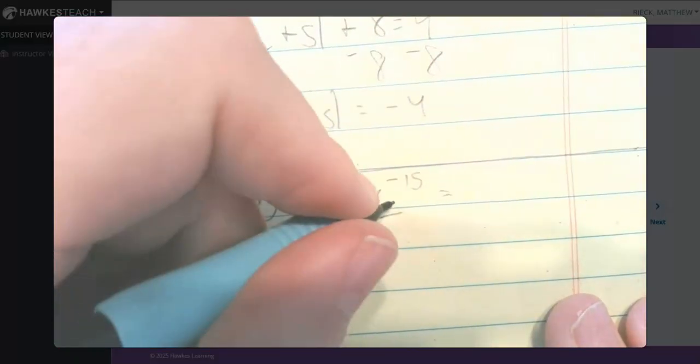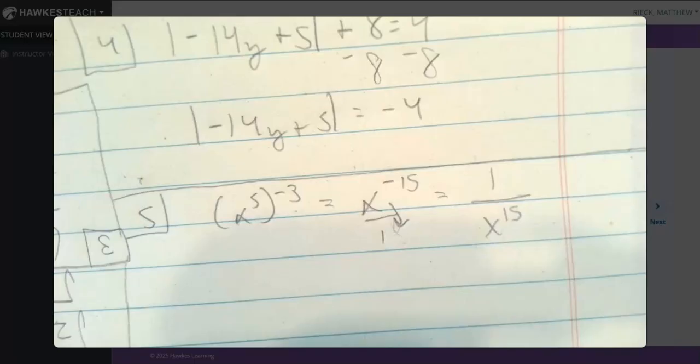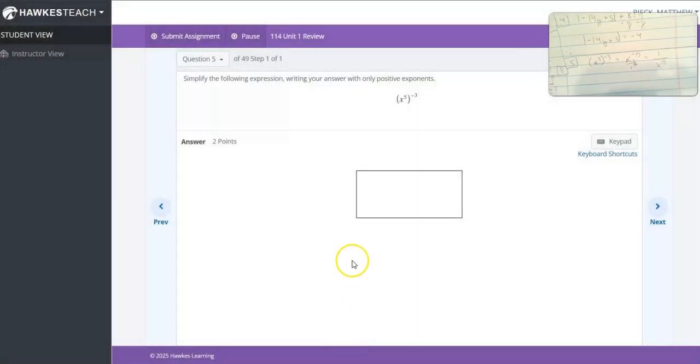So we can change which side of the fraction bar this is on, and when we do that, we just have to change the sign on the exponent. So I'm just going to bring this down. So we're going to end up with x to the positive 15th in the denominator. So we have 1 over x to the 15th.